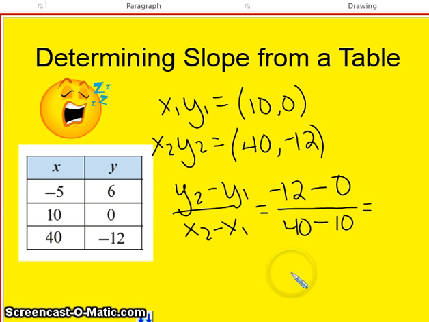So negative 12 minus 0, of course, gives me negative 12. And 40 minus 10 is 30. Now when I simplify that fraction, because they're both divisible by 6, I get negative 2 over 5. So my slope is negative 2/5, which means I would rise negative 2 and run 5.